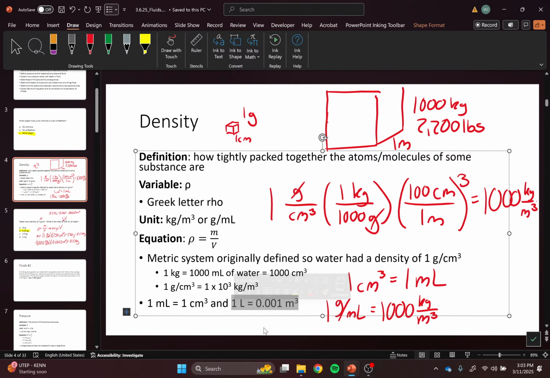If you need the density of a fluid in a problem, I will also give that to you. I don't expect you to have memorized the densities of various things. Pretty much the one that's always going to come up is the density of water, and I'll give that to you in a problem. In general, we're going to want to use this one: the density of water is 1,000 kilograms per meter cubed, because it's in nice SI units and all that good stuff. All right, cool.